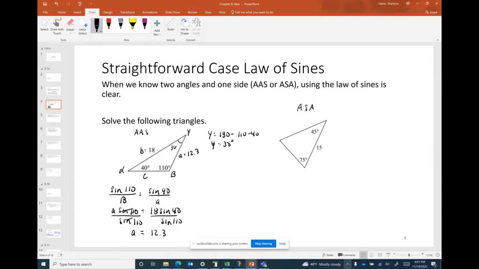Now I do know that angle, and now I can set up a ratio and solve for C. So I can say the sine of 110 over 18, that's beta over B, is equal to the sine of 30, that's sine of gamma, over C, and I can solve for C. With cross products and dividing, you can see that C is equal to 18 times the sine of 30 divided by the sine of 110.